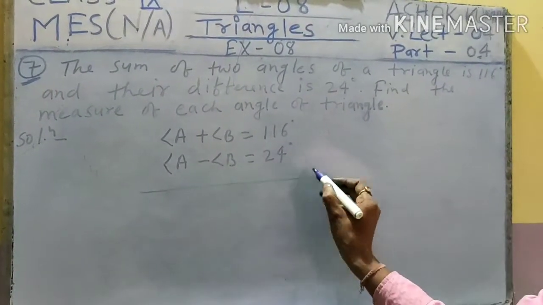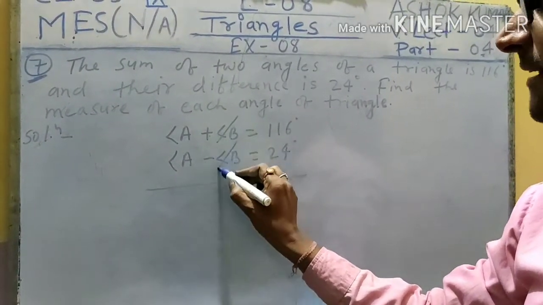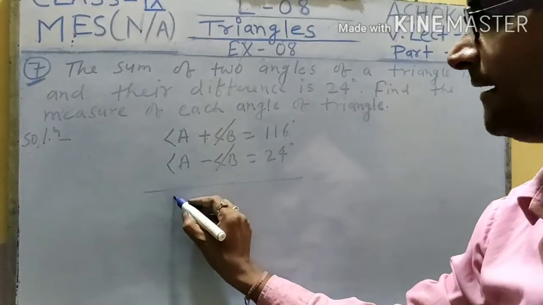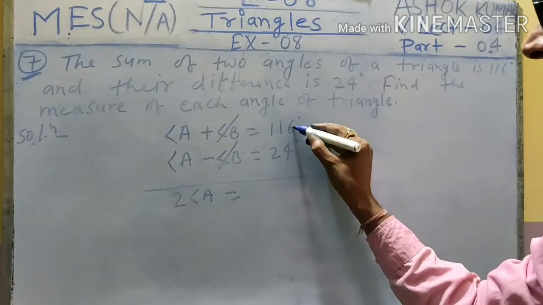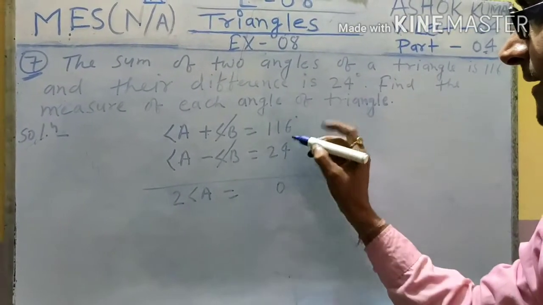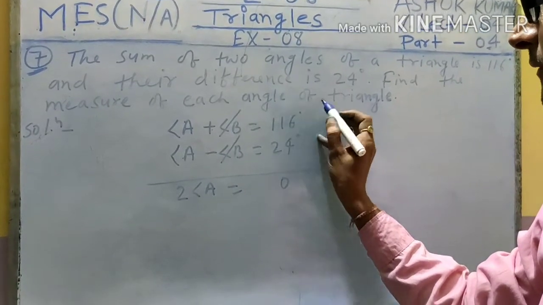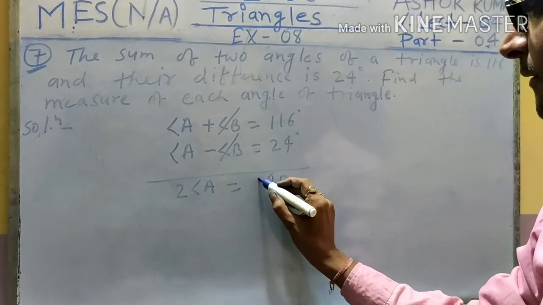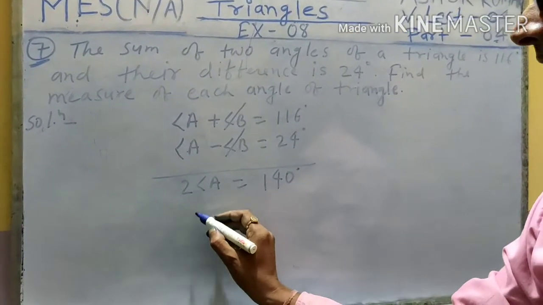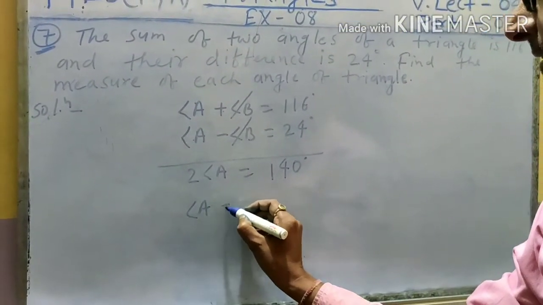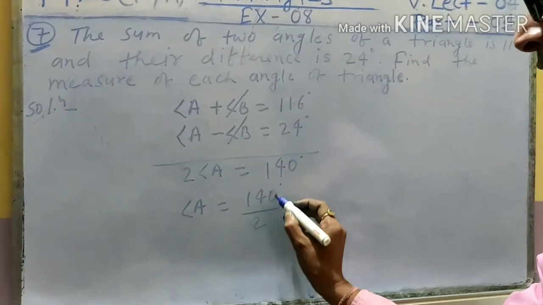So calculate here angle A plus B and minus B. Plus B and minus B is cancelled. Angle A plus angle A, 2 times of angle A is equal to 140 degree. So angle A is equal to 140 degree divided by 2.